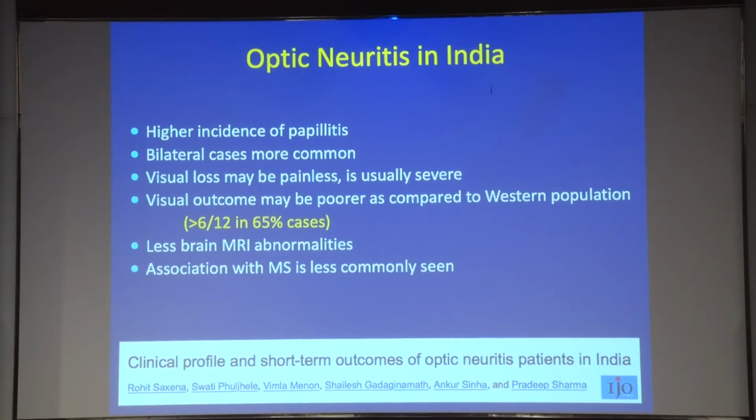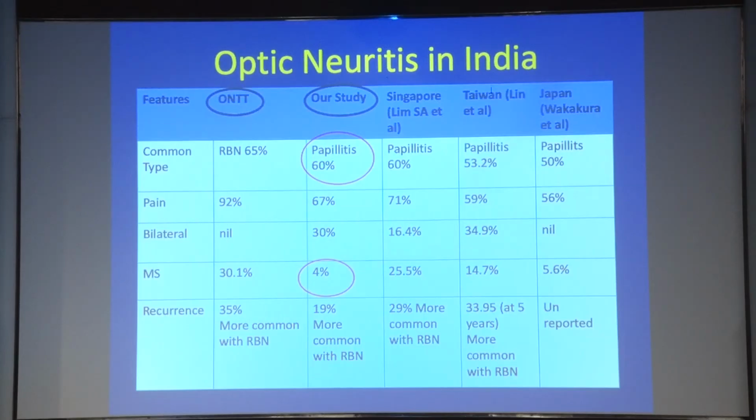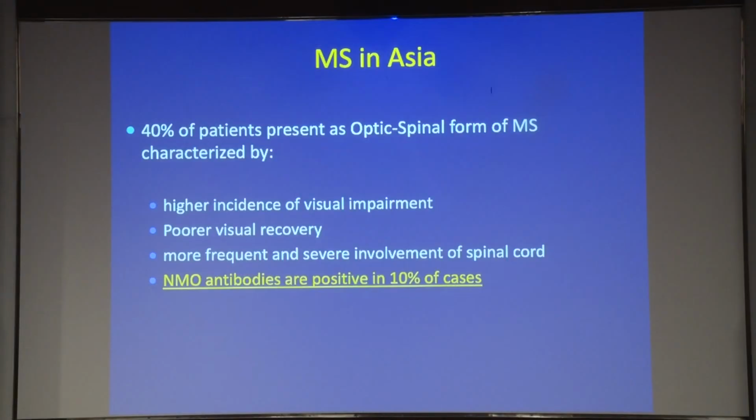So, of course, we had this clinical profile. When we compared, we found that Asia per se was definitely leaning away from the classical picture presented by ONTT. Over the last 2 decades, we have understood that we have a greater likelihood of an NMO-related optic neuritis, which is different from multiple sclerosis in presentation and long-term prognosis.